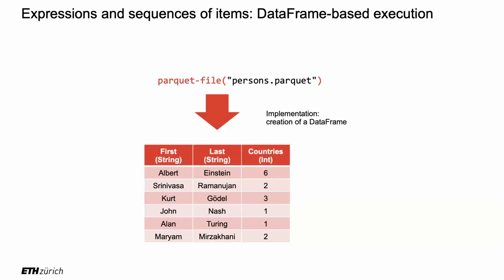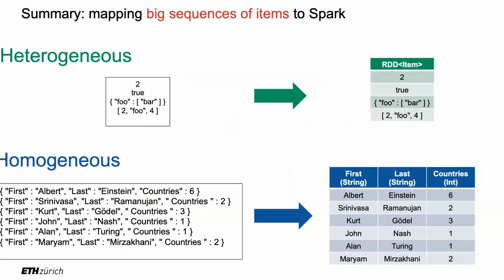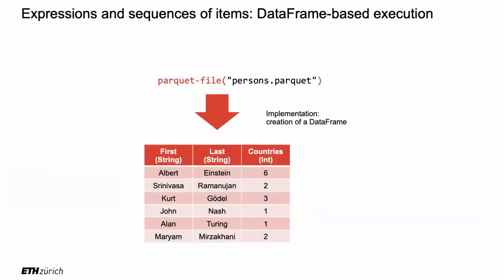A data frame takes much less memory than an RDD. So what we do in that case is RumbleDB is going to use Spark to read the Parquet file and get a data frame out of it. Now it's no longer an RDD, it's a data frame, and you see the data is beautifully valid here. And then when you process it, like you could navigate on it, then it's going to be a data frame transformation instead of an RDD transformation.